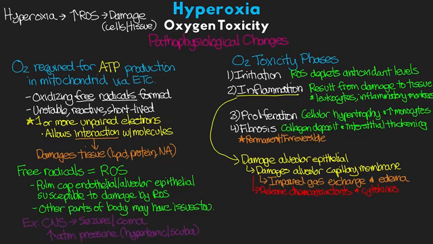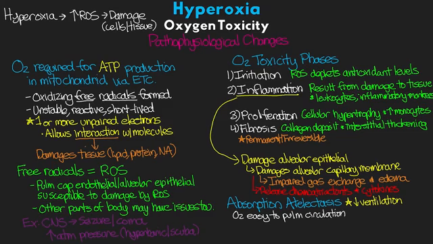In addition to all that, we can also see atelectasis that results from the administration of high levels of oxygen. This is something that we call absorption atelectasis, and this results from areas of the lungs that are not well ventilated. Because oxygen easily crosses into the pulmonary circulation, with administration of high levels of oxygen, especially 100% FiO2, the trapped air in those alveoli that aren't easily ventilated is readily absorbed into the blood, thus leading to the collapse of those alveoli.